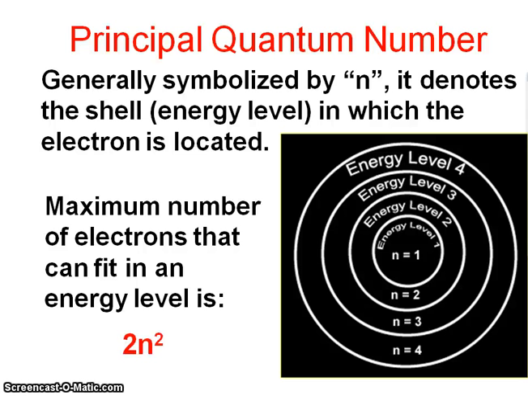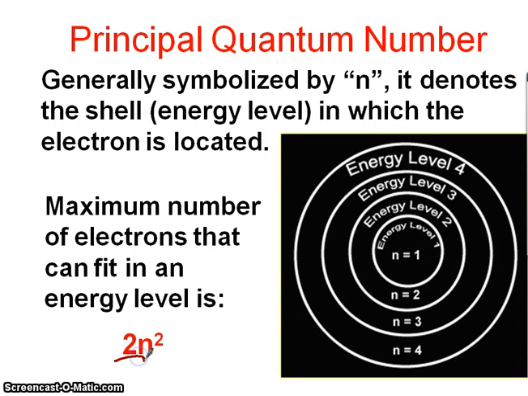You can actually numerically calculate the maximum number of electrons that can live on a particular floor. This is our formula, 2n squared. 2n squared is a shortcut formula, but we already know this because we just worked it out.